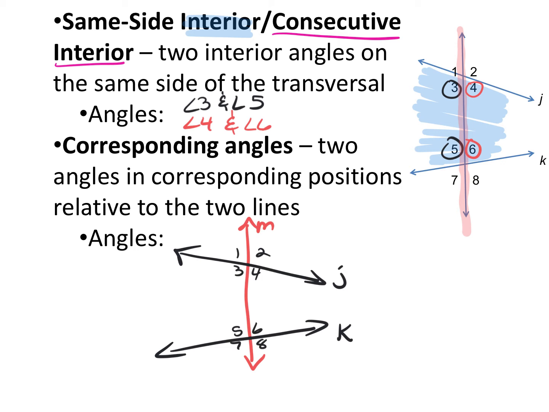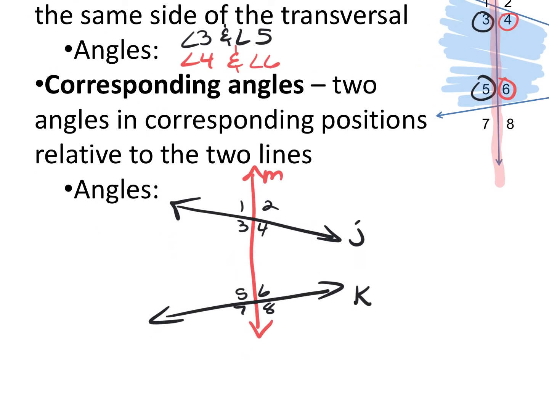Now, when we refer to corresponding, if this trick is going to help you, what you can do is draw a box around the 4 angles. And then to find the corresponding angle pair, you're going to look to see its spot in the box.